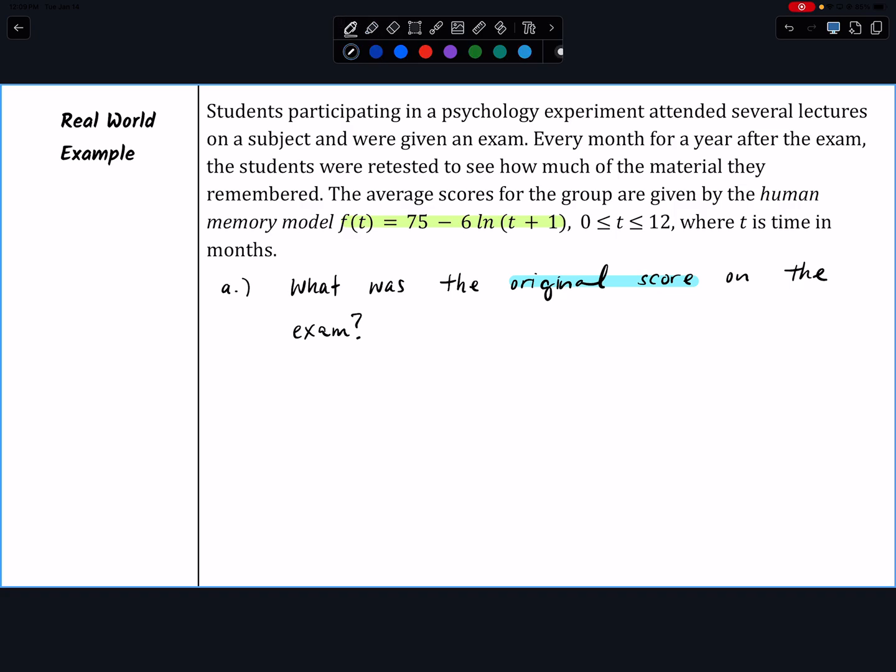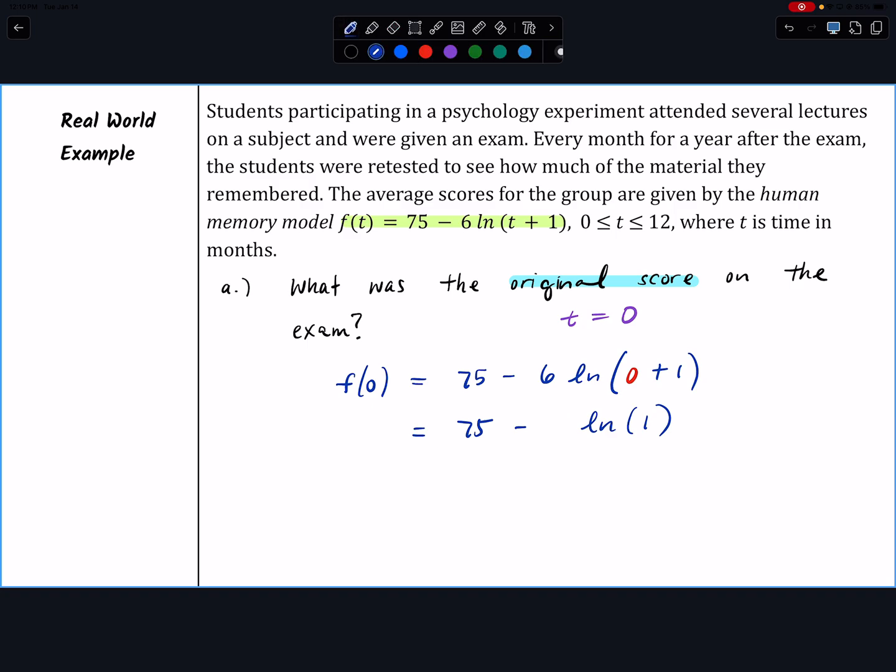So time t is equal to 0. t stands for time, so I'm going to plug that in for t. So f of 0 is equal to 75 minus 6 times the natural log of 0 plus 1, which is equal to 75 minus 6 ln of 1.